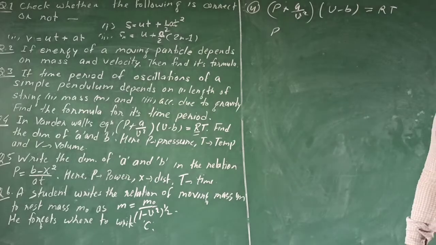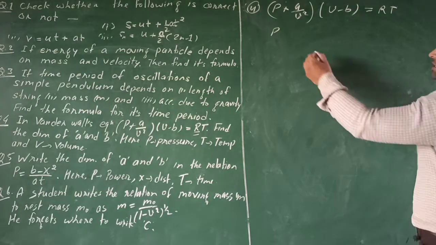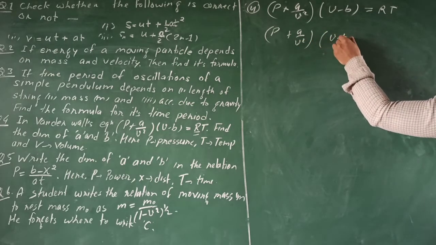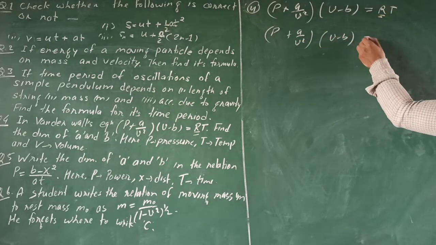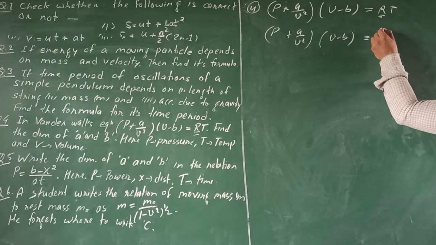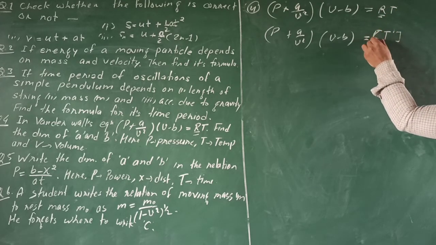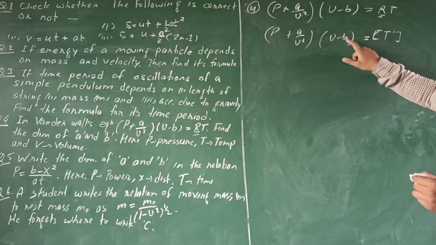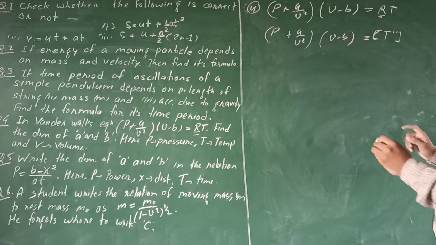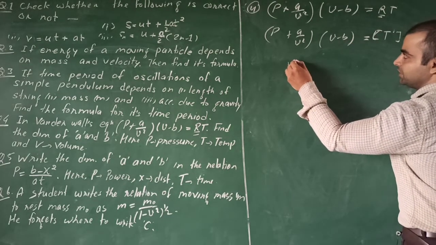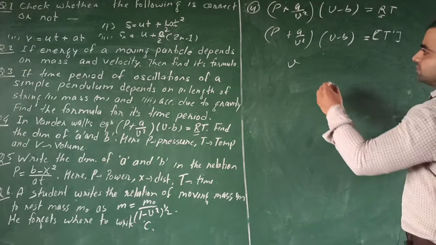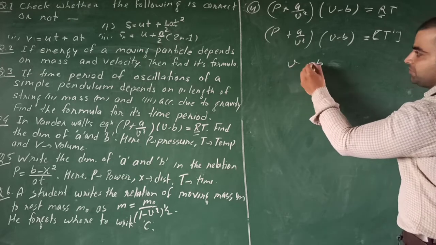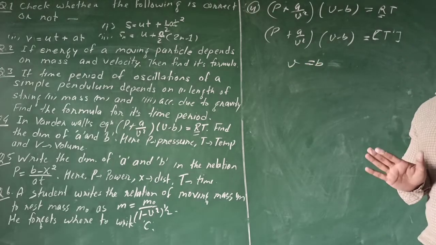According to the principle of homogeneity, in (P plus A by V square) into (V minus B), R is a constant. Now we can find the dimension of B easily, because both terms must have equal dimensions by the law of homogeneity.